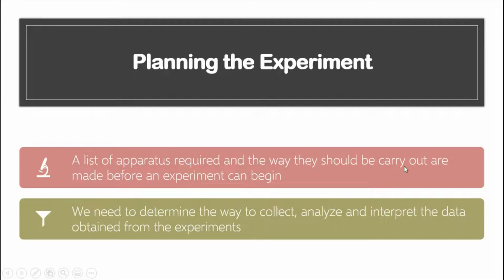So, as a future scientist, we need to determine the way to collect, analyze and interpret the data obtained from the experiments. When we have our experiments, of course, we must collect the data. After that, we must analyze the data and interpret the data.